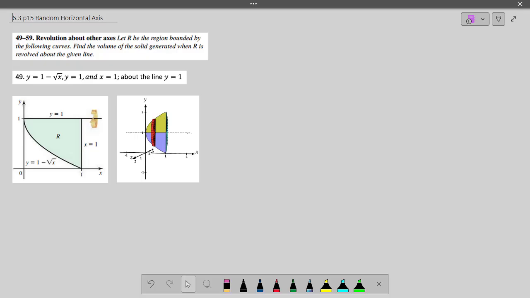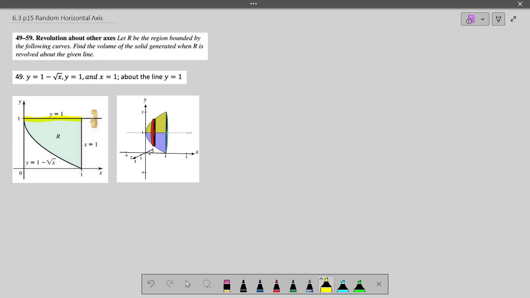It's horizontal or vertical, not like a diagonal line. You need Calc 3 to rotate around a diagonal axis. You would need vectors. But here we are going to rotate around this horizontal axis right there. So instead of rotating around the x or y axis, we're going to rotate around y equals 1.